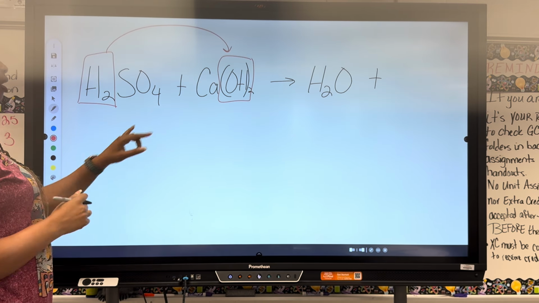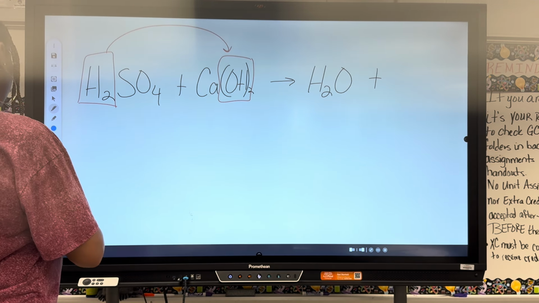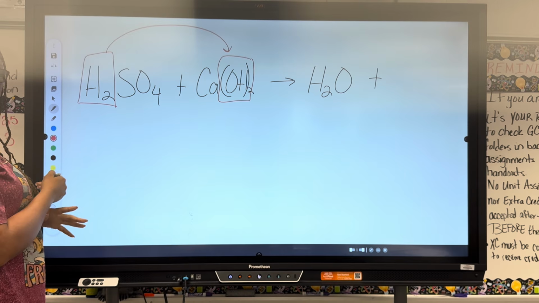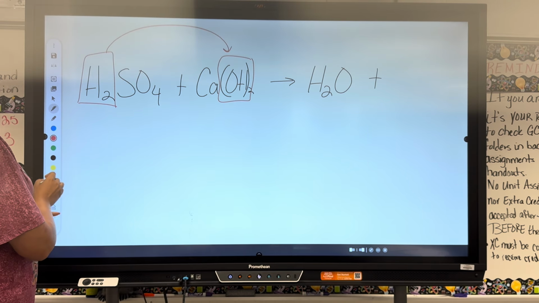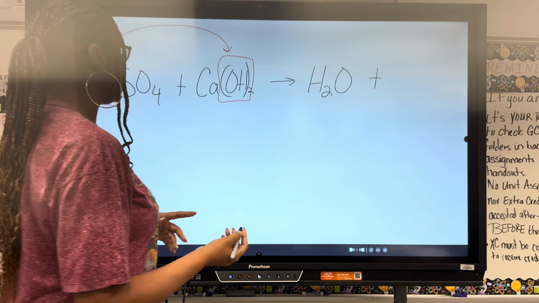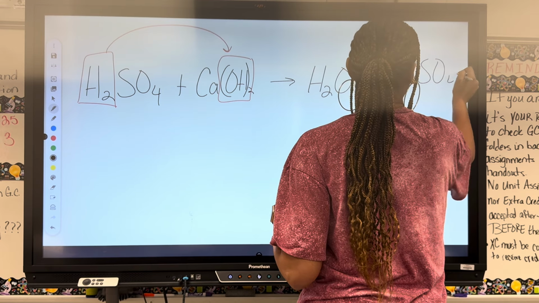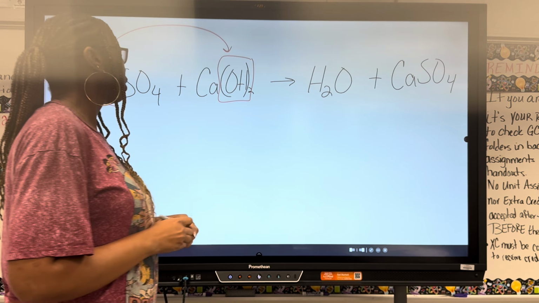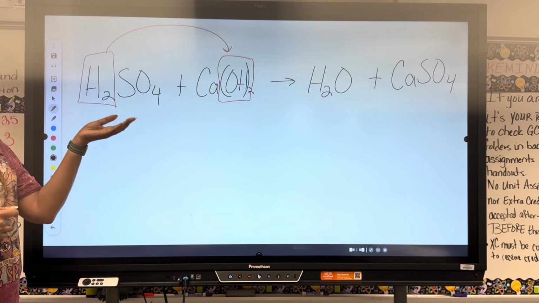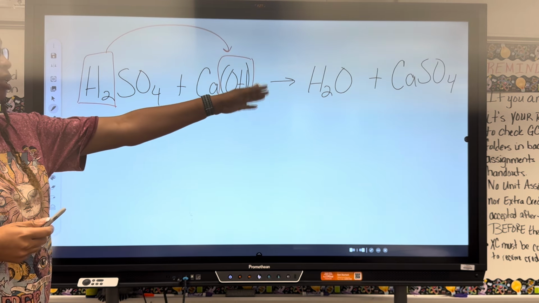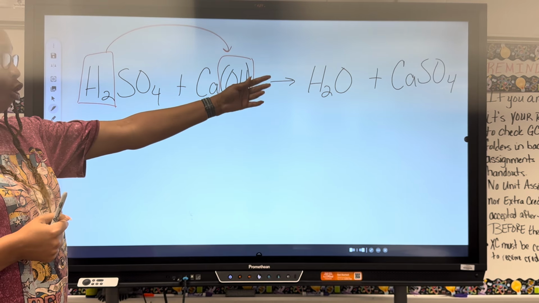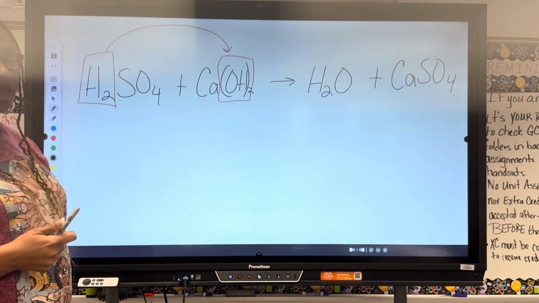Water. Now, that means the calcium is going to be with the sulfate. Sulfate is SO4 2 negative, calcium is Ca2 plus. So they're going to be CaSO4 because the charges balance out. So I have sulfuric acid plus calcium hydroxide yields dihydrogen monoxide, or water, plus calcium sulfate.